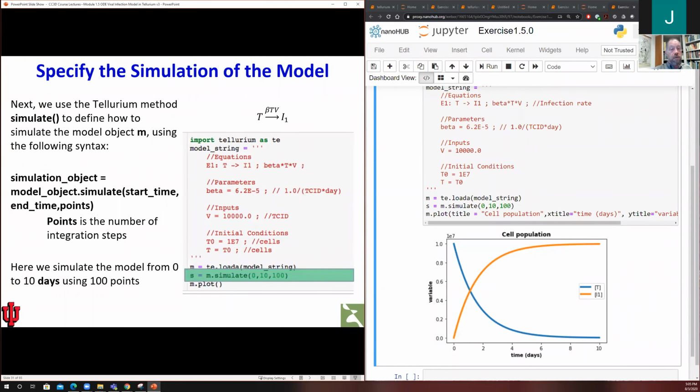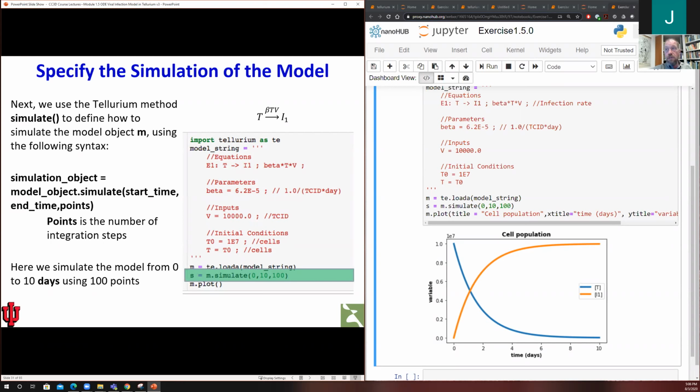Okay, the next thing we're going to do is run the simulation. We've loaded it, but we haven't executed it. There are 2 basic simulate commands in Antimony and Tellurium. We're going to use one of them today. m.simulate is a straightforward ODE solver integrator. It has a variety of settings which we're not going to explore.